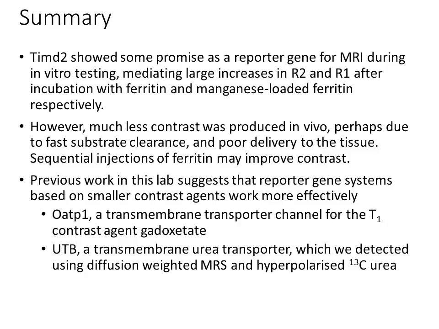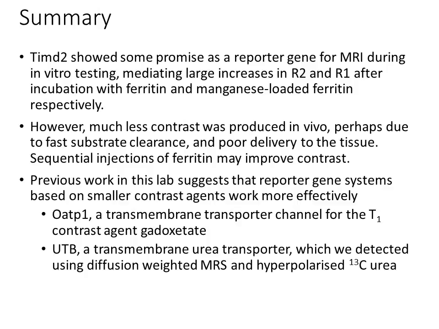So in summary, we've demonstrated that Timd2, this membrane receptor which transports ferritin, can be used as a reporter gene for MRI. We showed in vitro there were really quite large increases in R2 and R1 when we incubated cells with iron-loaded ferritin and manganese-loaded ferritin respectively.